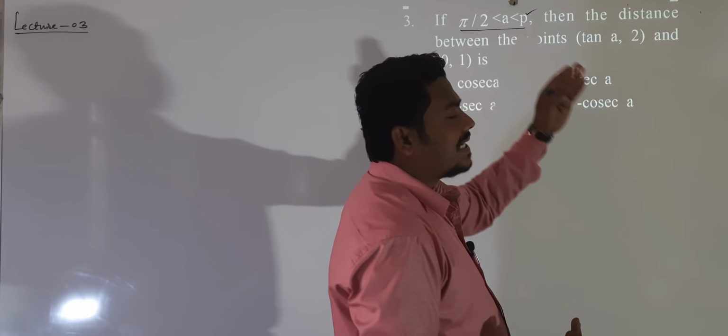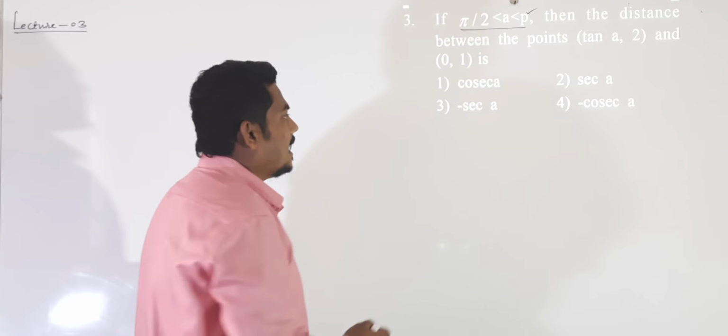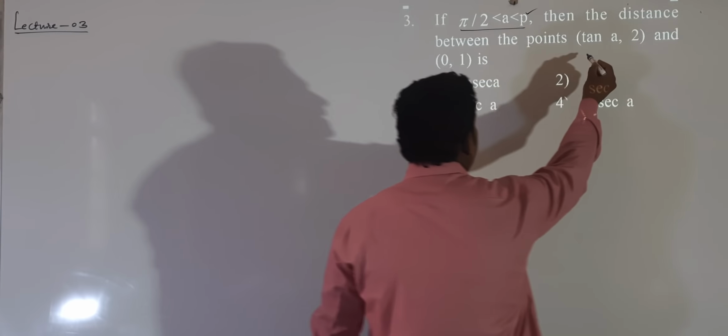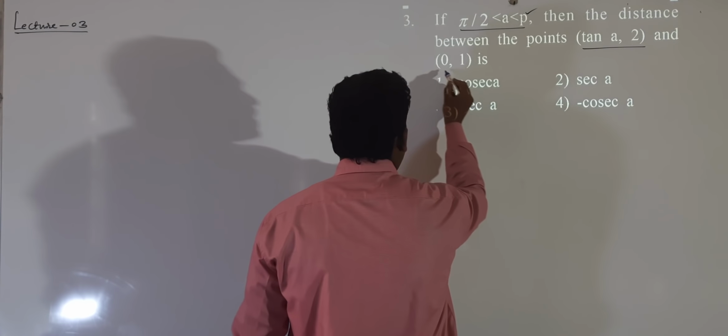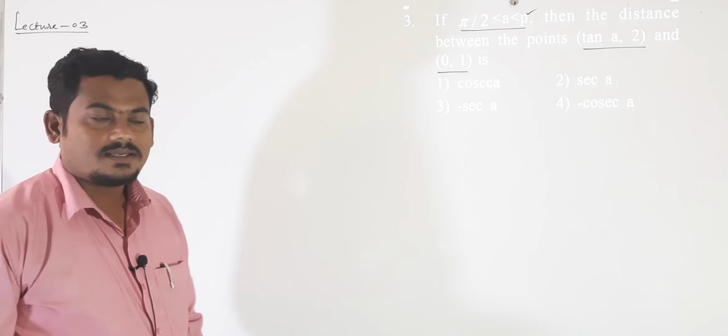This is a very important point. Now find the distance between these 2 points, tan A comma 2 and 0 comma 1, right?